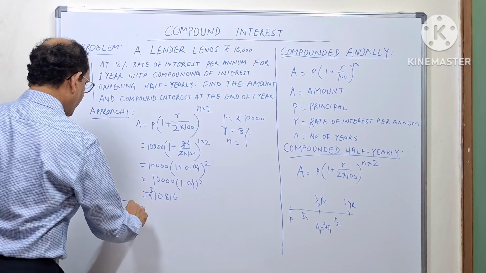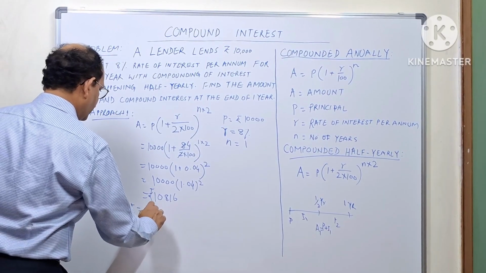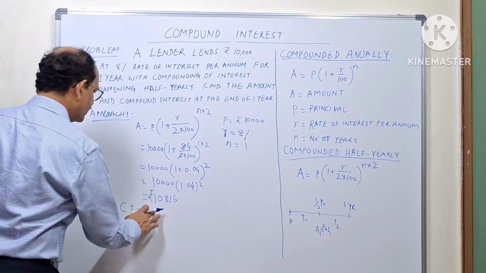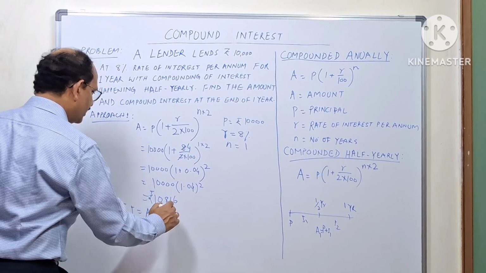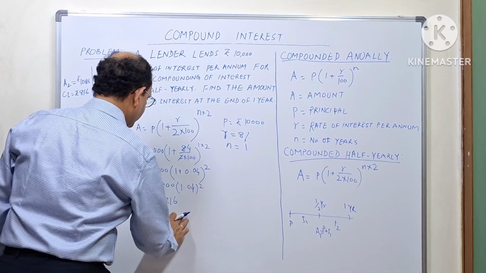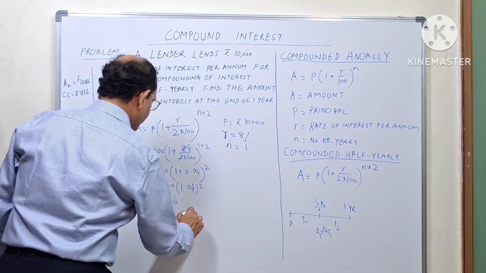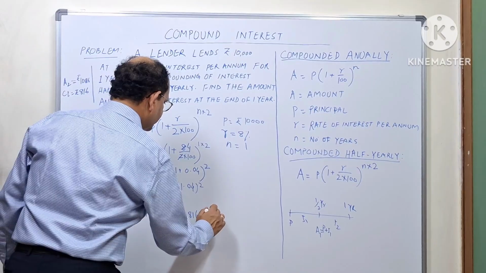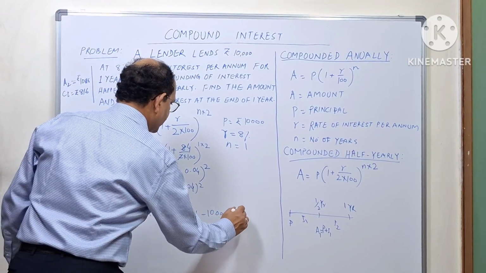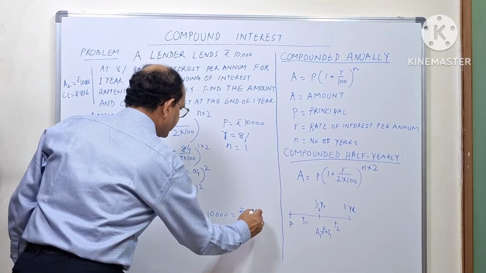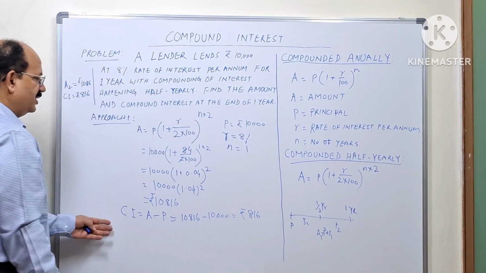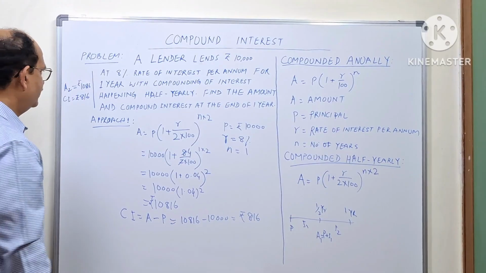Now because the amount is again rupees 10,816, the compound interest, which will be amount earned minus the original principal, will be 10,816 minus 10,000, and that will be equal to rupees 816. That will be the compound interest part, right?